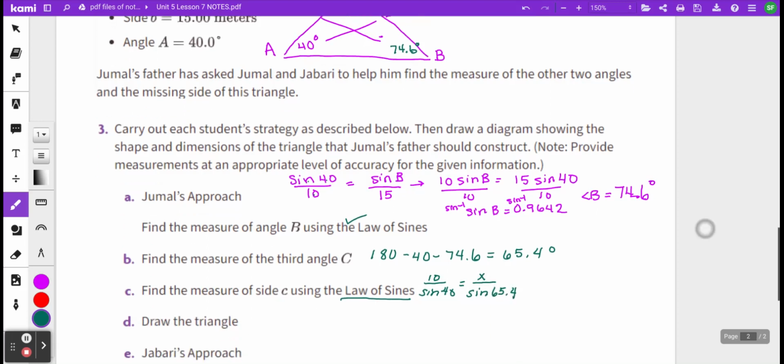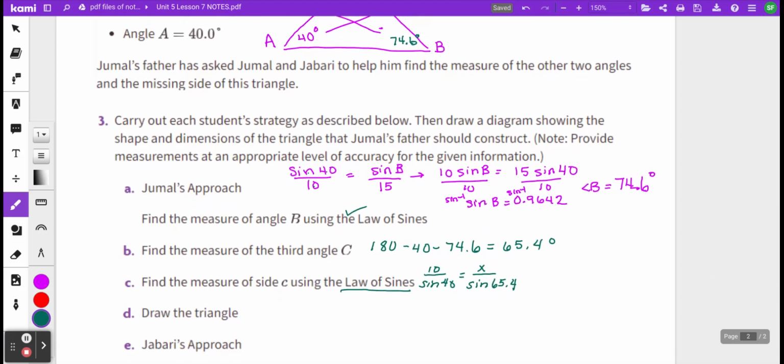We're going to then cross multiply. So cross multiply, so we're going to get 10 sine 65.4 equals x sine 40.